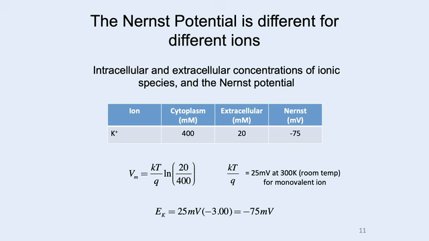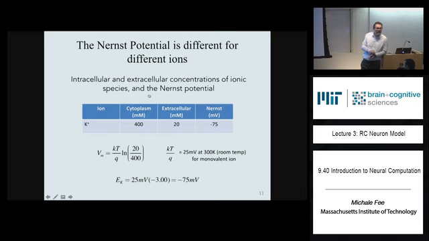So the equilibrium potential for potassium: kT over Q, for a monovalent ion, is 25 millivolts. So that Nernst potential is 25 millivolts times minus 3, so that equilibrium potential is about minus 75. Okay?